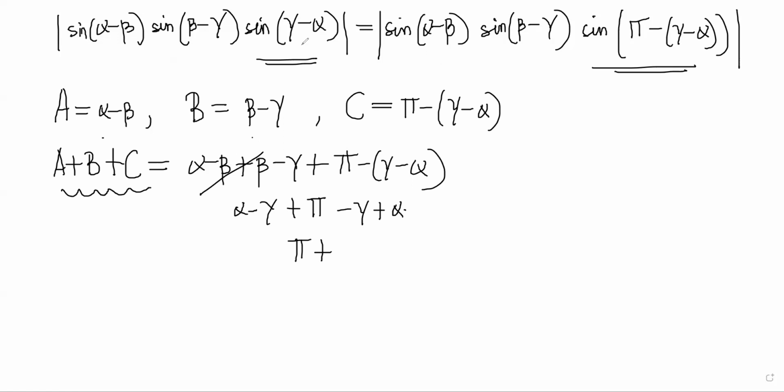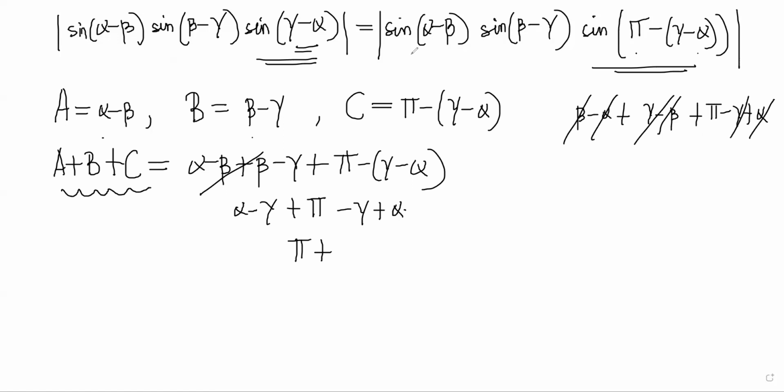This is sine of gamma minus alpha. This is pi minus gamma plus alpha. If I say beta minus alpha here, gamma minus beta here, beta minus alpha, gamma minus beta, and pi minus gamma plus alpha. This will cancel. This will cancel. Oh, yes.